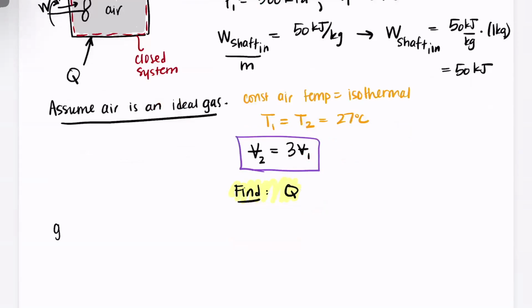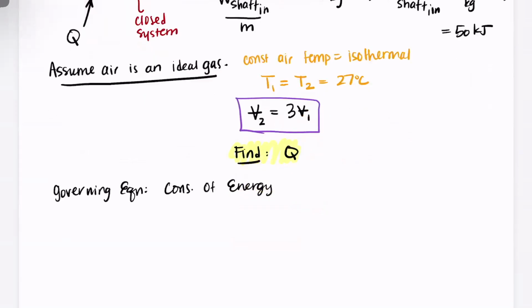So our governing equation is conservation of energy, or that E2 minus E1 is equal to Q minus W. And remember that E is the total energy. So E is U plus KE plus PE.